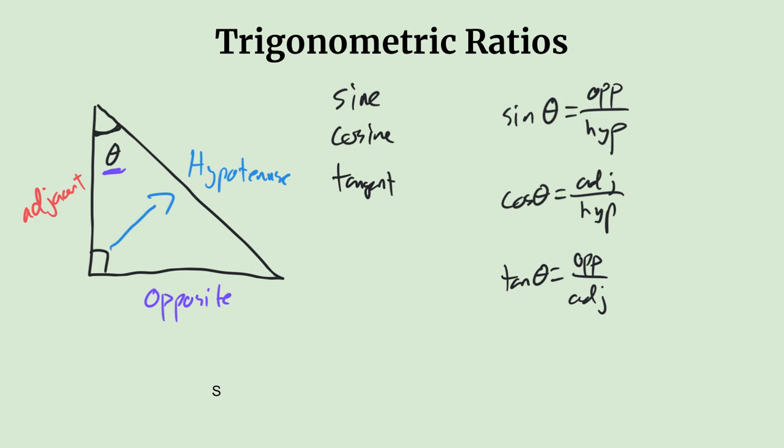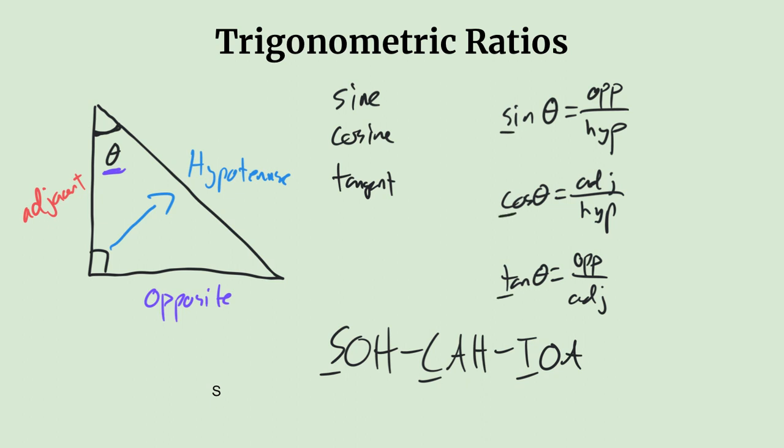Oftentimes, how we'll help kids try to remember this is a little mnemonic device. I don't remember what it's called. SOHCAHTOA, where the first letter is representing your trig function. The next letter, O, A, and O, is representing the first letter of the numerator.